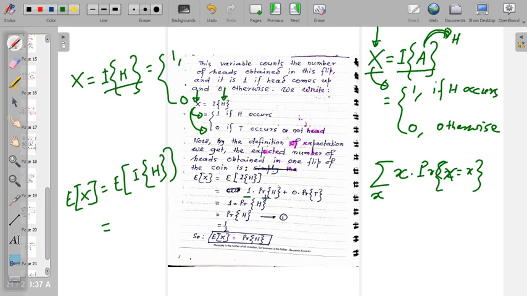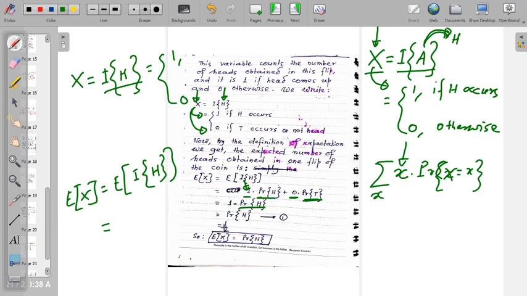So this is 1 times probability of H and 0 times probability of T. If it is happening, it is H, and the random variable value will be 1, and the probability of that is the probability of H. If it is not happening, it is T. So we have 0 times probability of T and 1 times probability of H.